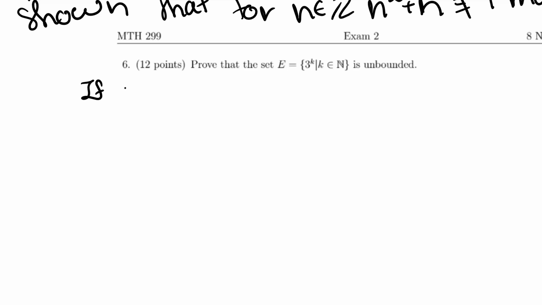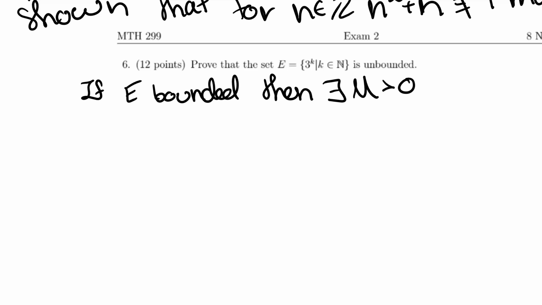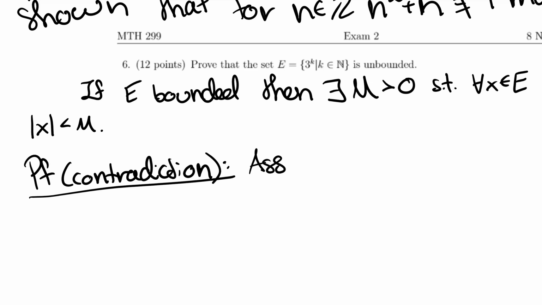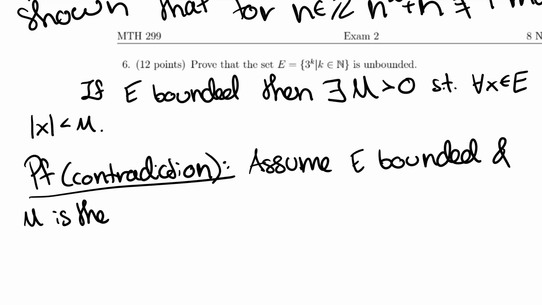So if E is bounded, then there exists some capital M greater than 0, so in the positive reals, such that for all x in E, the absolute value of x is less than M. Okay. Proof by contradiction. Assume E is bounded. The only reason I'm skipping the definition of bounded is because I've already written it up here. Okay, so I wouldn't normally just start a proof like this.